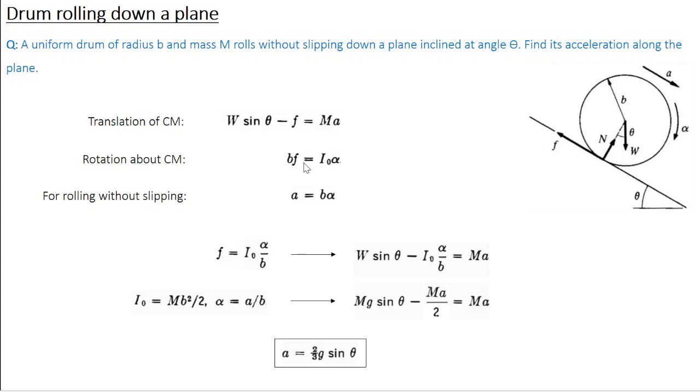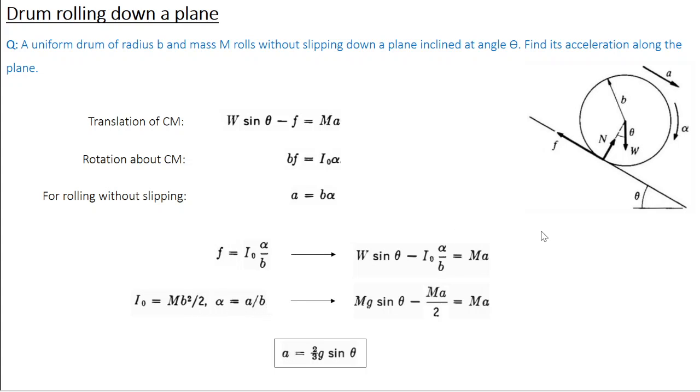From the second equation, I can write F equals I naught alpha by b. Substitute that in the first equation. So W sine theta minus I naught alpha by b equals ma. Since I am talking about a wheel which is similar to a disc, I naught is half mb square, and from the third equation I can write alpha equals a by b.